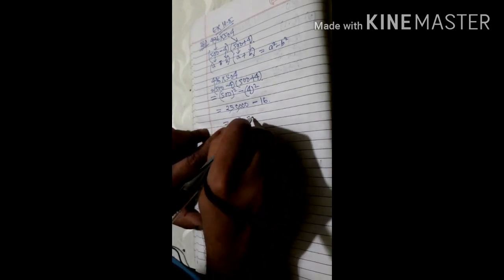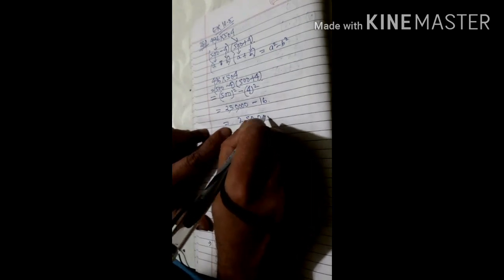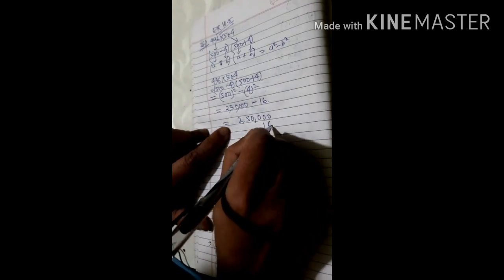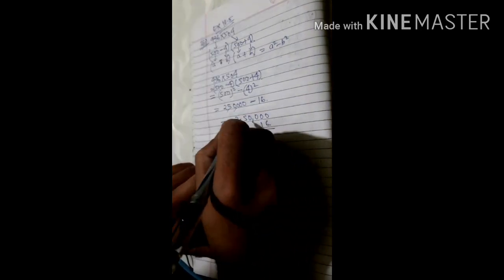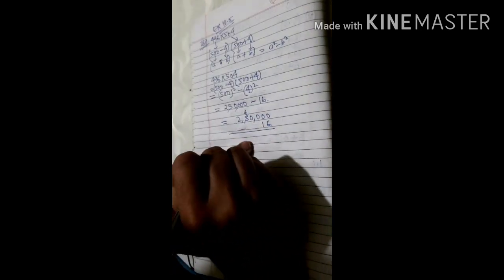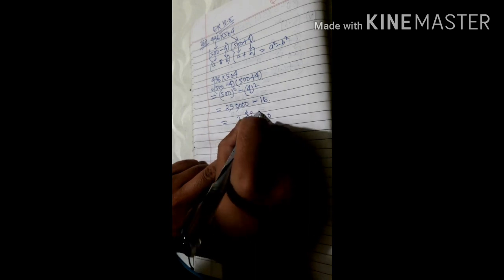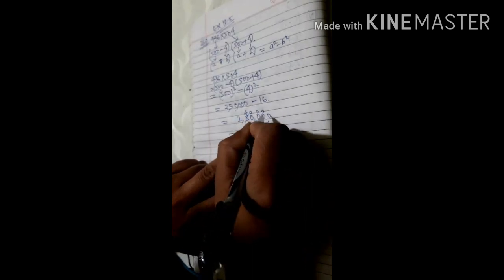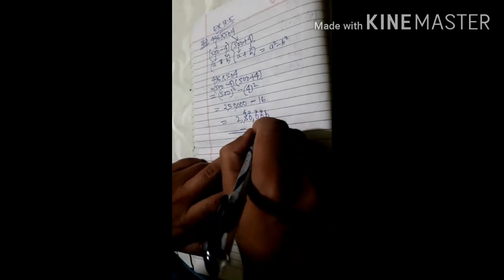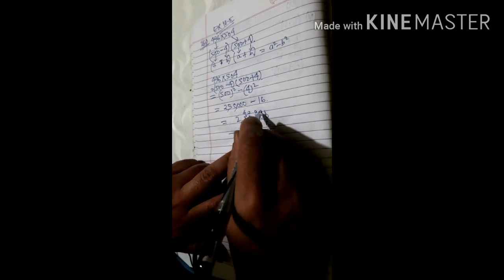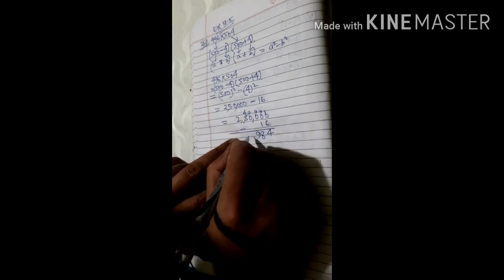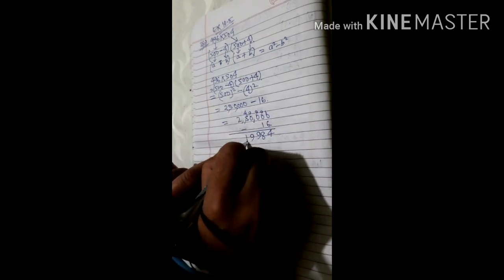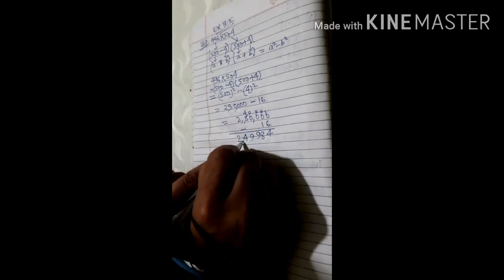250,000 minus 16. What will this become? 10 minus 6 gives us 4, 9 minus 1 gives us 8, then 9, 9, 4, and 2.